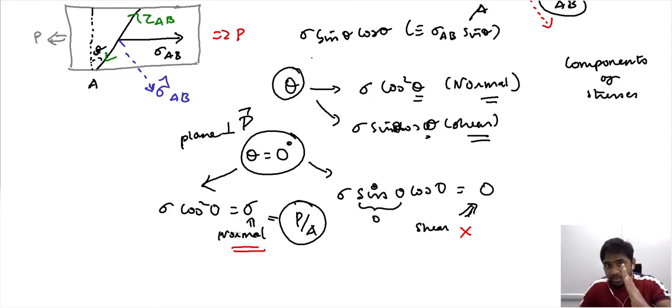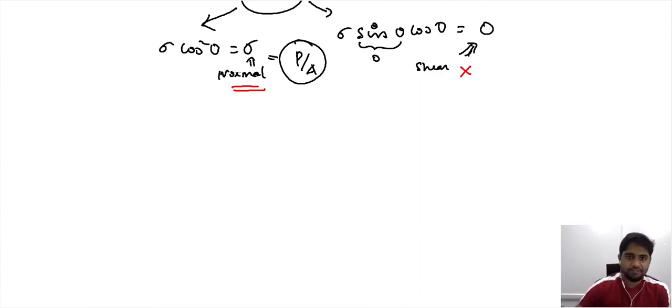But as you incline your region of interest, you have both non-zero normal stress and non-zero shear stress that can be estimated by these two expressions here, and both are dependent on the variable theta. So cos square theta gives you the normal stress, and sin theta cos theta gives you the shear stress. Now what we have essentially identified is that when your region of interest is inclined, the stress it experiences comprises a normal and a shear component.